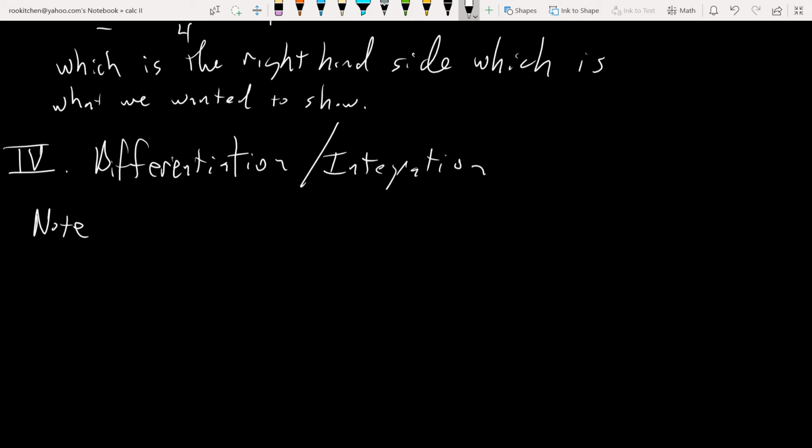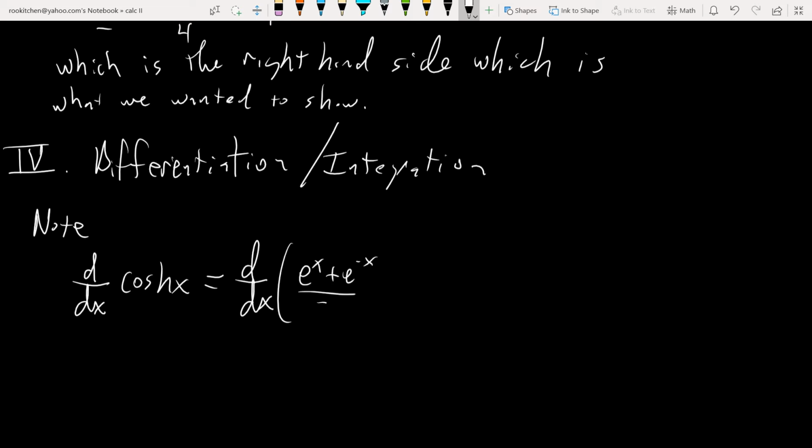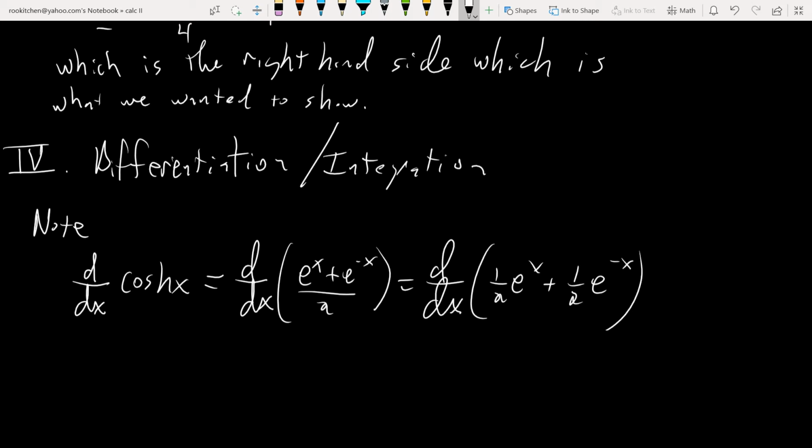If you didn't know how to do the derivative at all, you could prove the derivatives by, again, defaulting to the exponential interpretation. So cosh is the same as e to the x plus e to the negative x over 2. Let's rewrite that: we want the derivative of 1/2 e to the x plus 1/2 e to the negative x.